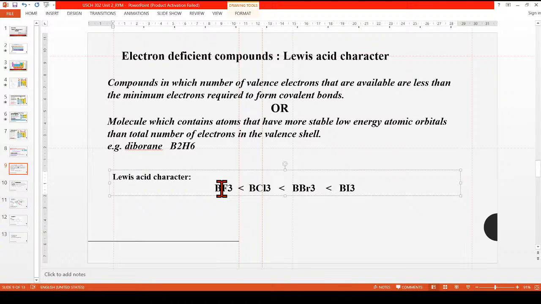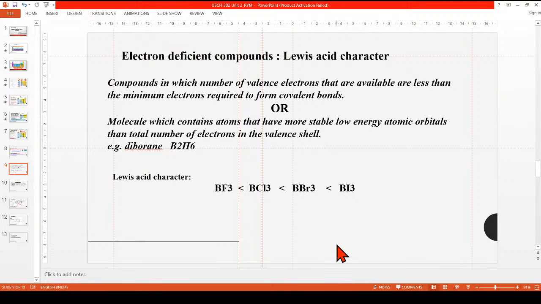Dissociation is not possible in BF3, while boron iodide dissociates, hence BI3 is a strong Lewis acid. It can accept electron pair strongly. Remember this trend: BF3 is weak acid and BI3 is strong acid.